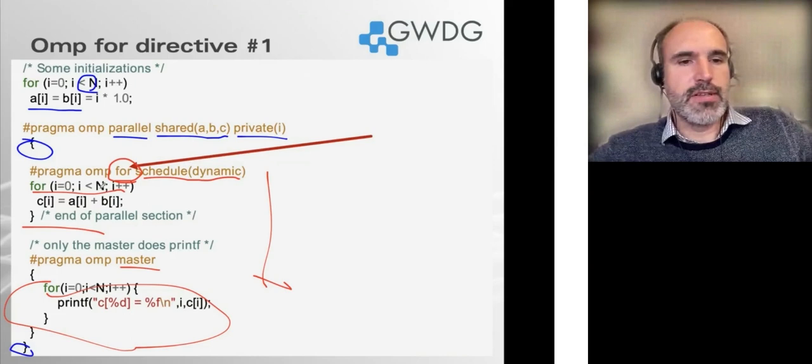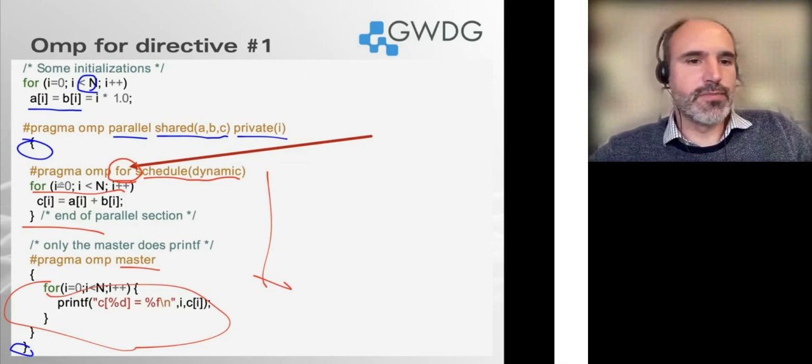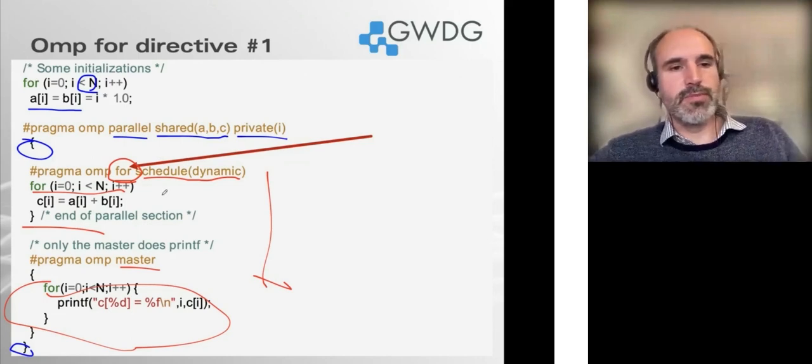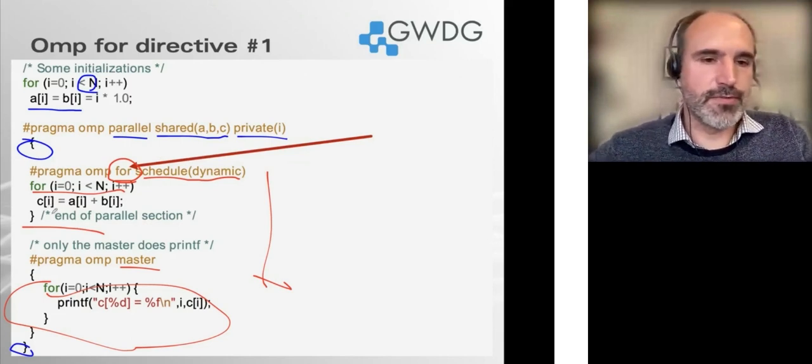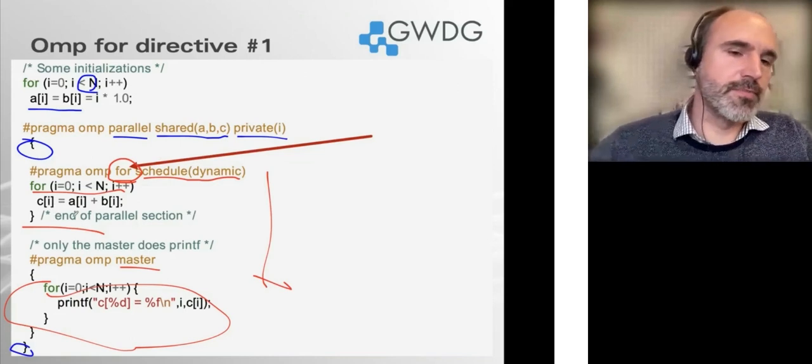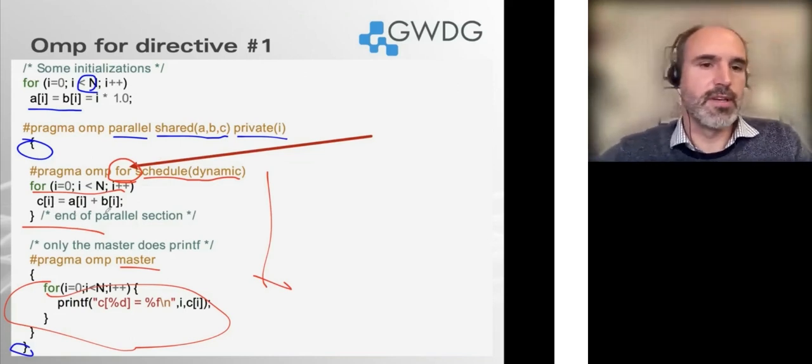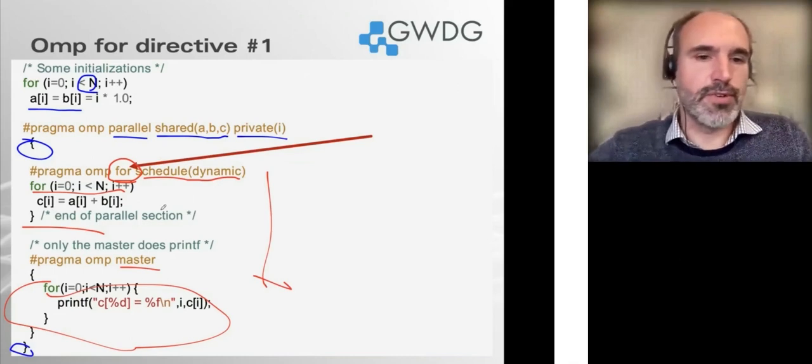N is fixed, but if n would be 10, and we would have two threads, the first thread would go from 0 to 4, while the second thread goes from 5 to 9. Is that understandable? It means that the first thread goes through 0 to 4, the first 5 elements of A, B, and C, while the second thread will work on the rest.